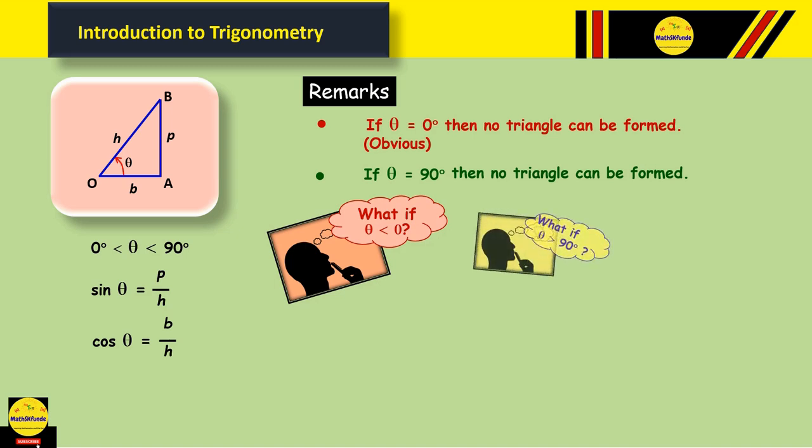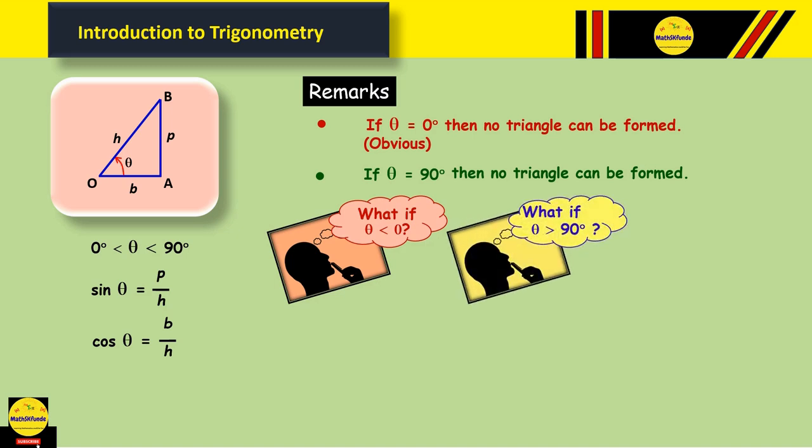And also one more I think of, the another condition, that what if theta is greater than 90 degree? Theta greater than 90 degree means there will be one angle which is more than 90 degrees. So picture would be something like this as shown in the picture. And there I have deliberately shown the arrow. That arrow tells me that it is as if point A and point B, they will be moving on a circle.